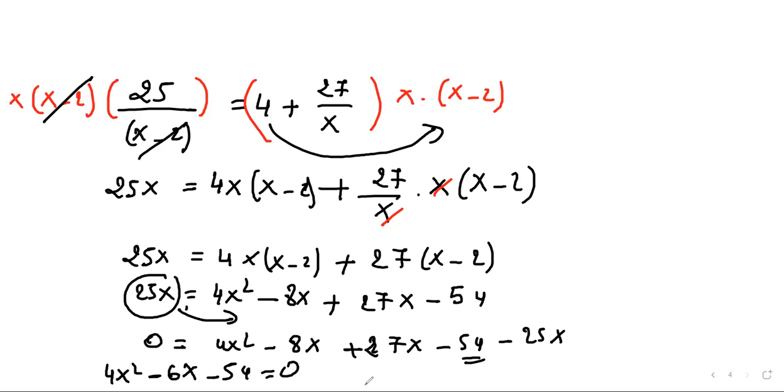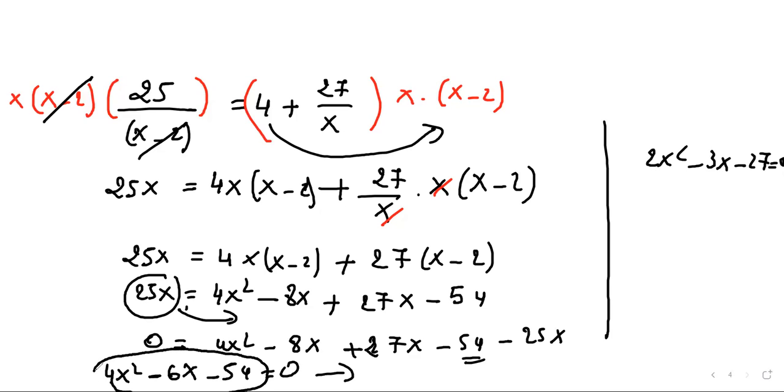Well, this is not exactly what they were asking me to get. The question was I need to arrive at 2x squared minus 3x minus 27 is equal to 0. Well, I got a different thing. But if you focus a little bit, you see that if I divide both sides by 2, I will get exactly what I'm looking for.